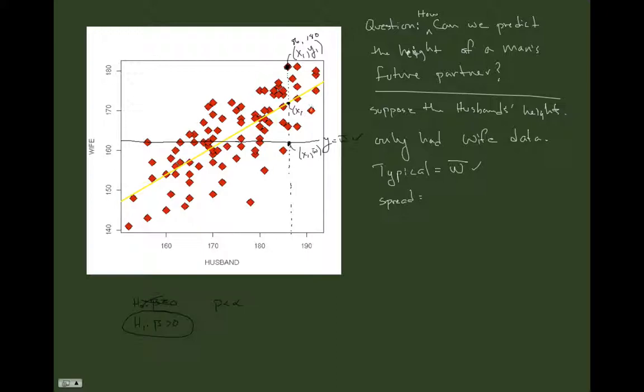All three of these points have the same x value because they line up vertically, but each one has a different y value. This one I'm going to put a hat on. That's the predicted value, and I'm putting a subscript of 1 because it's the predicted value that corresponds to x sub 1. Okay, so here is where the rubber meets the road on this.